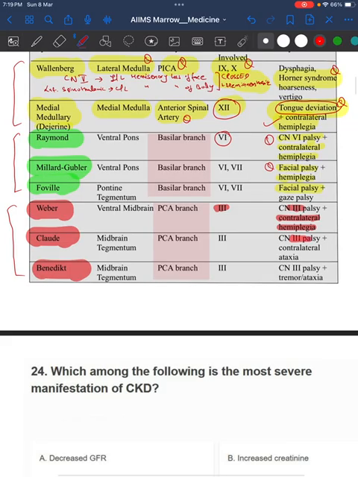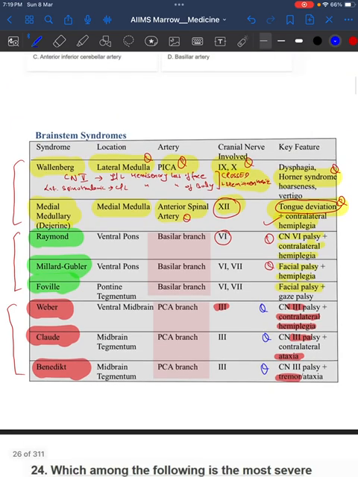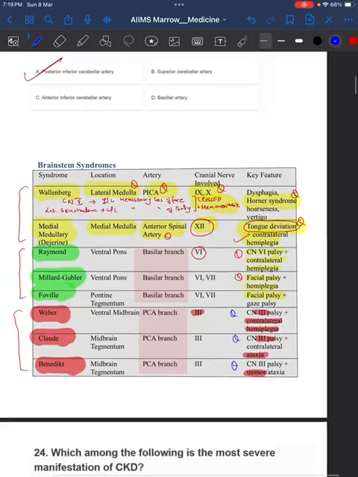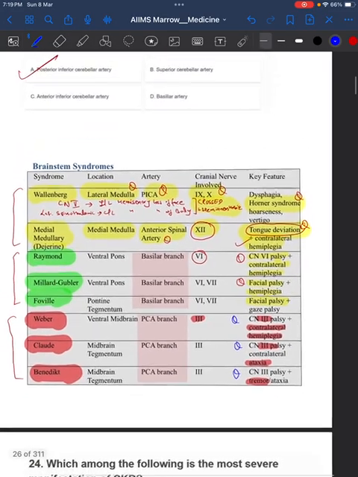Claude is 3rd nerve palsy with ataxia, and if there is tremor, then it will be Benedikt. These are the clues which you have to remember. So Weber syndrome is 3rd plus contralateral hemiplegia, Claude is 3rd plus ataxia, and tremor is Benedikt syndrome. All the PYQs and important questions are in this table. You have to read and revise it again and again so that you can learn this.